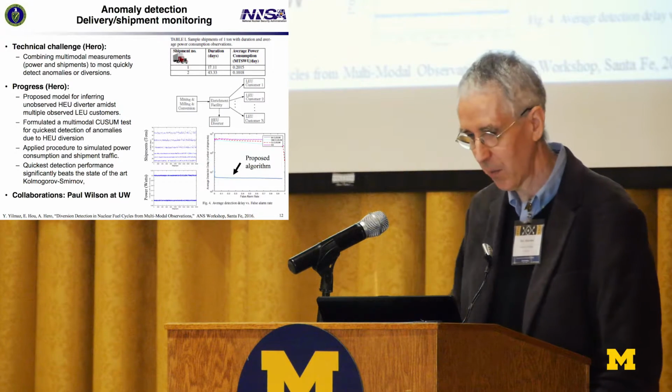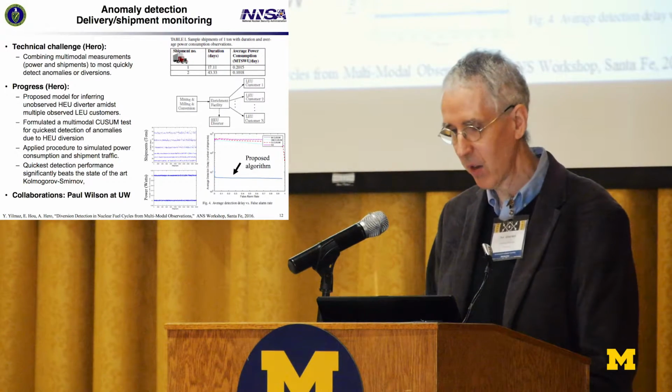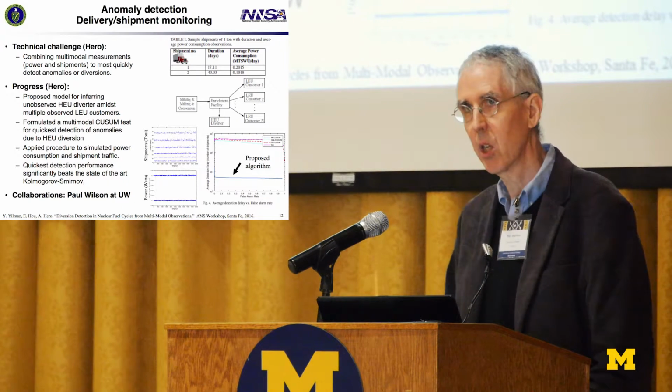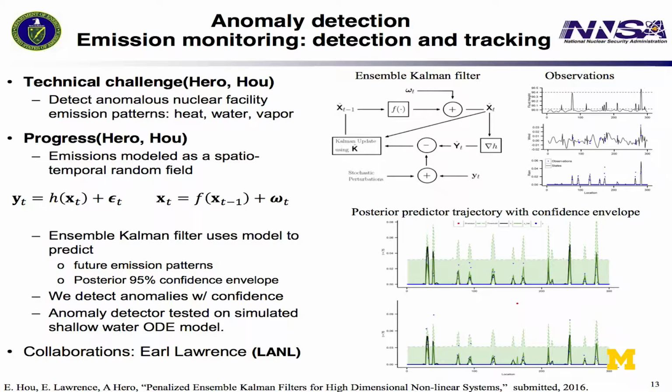So you can't see the difference. If I'd blown this up, you wouldn't be able to see much difference either, but our algorithm is able to pick it out because it uses this Bayesian Q-sum test with multimodal integration methodology.